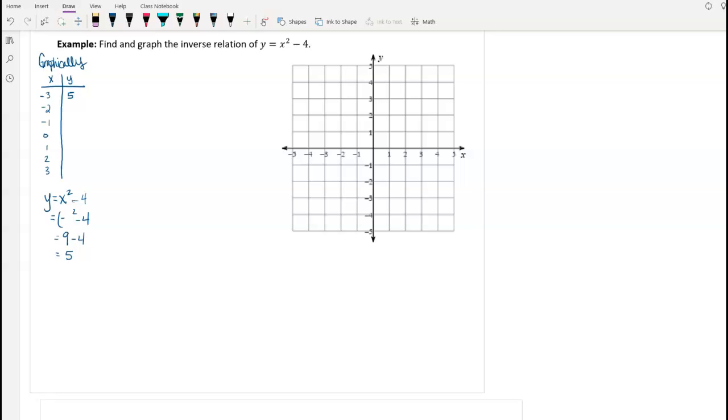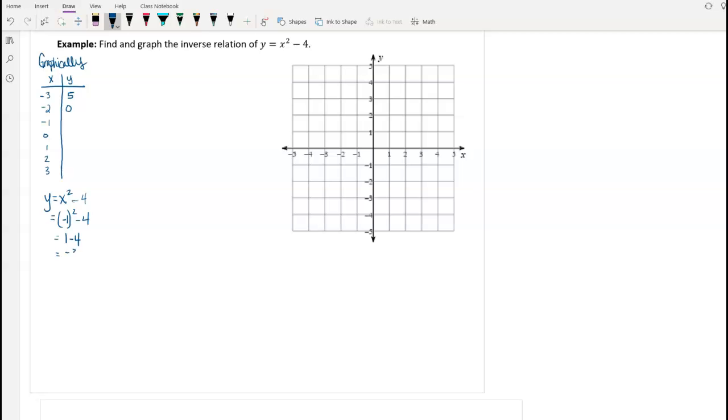Now we're going to continue this on, but instead of -3, we're going to put -2. So now I have -2 squared, which is 4 minus 4, which is 0. So -2 gives 0. I'm going to do the same thing with -1. -1 squared is 1 minus 4.